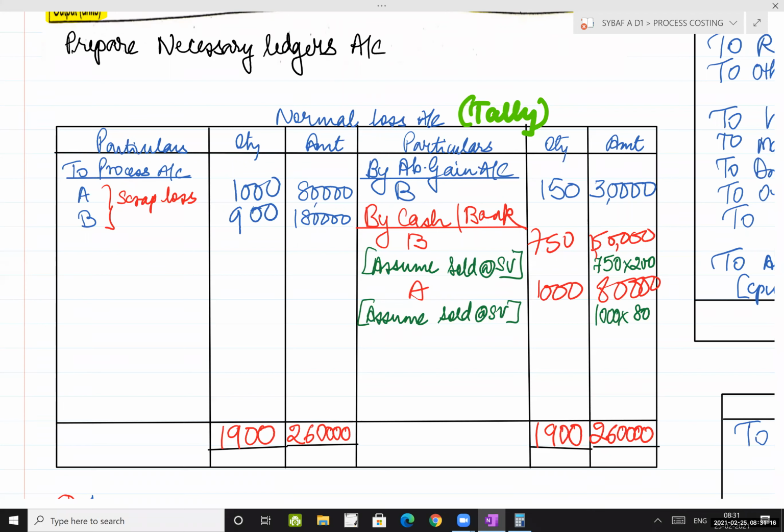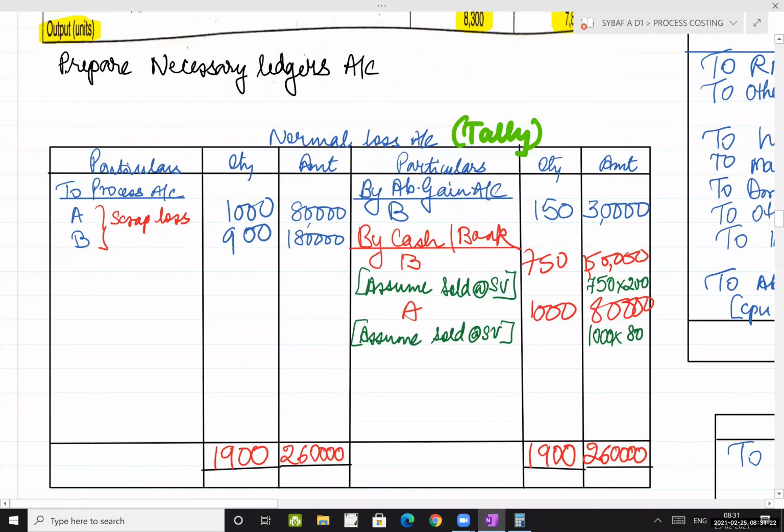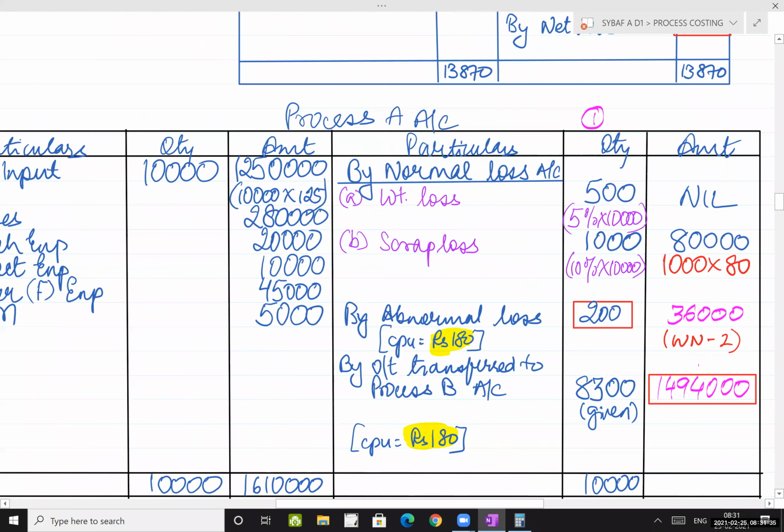First entry in normal loss is what? Normal loss to process account. Normal loss account debit to process account. Okay, how do you get this entry? From here.